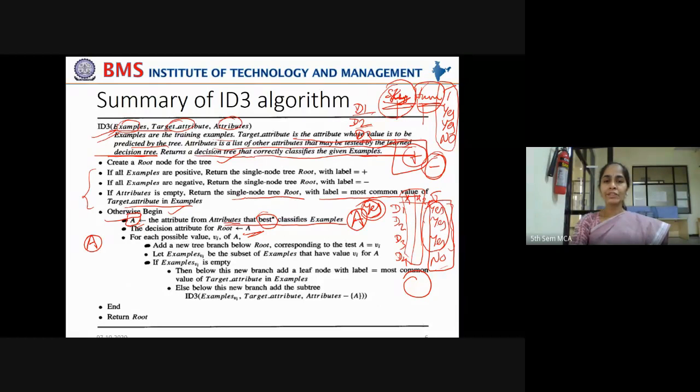Now, for each possible value Vi of A, assume A is the income level of a customer. This income level has three categories.